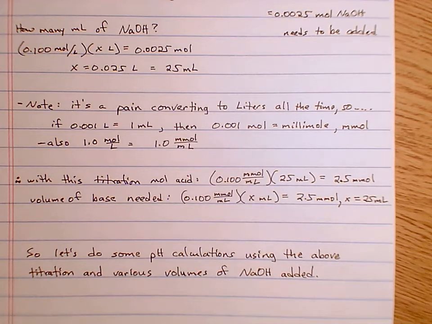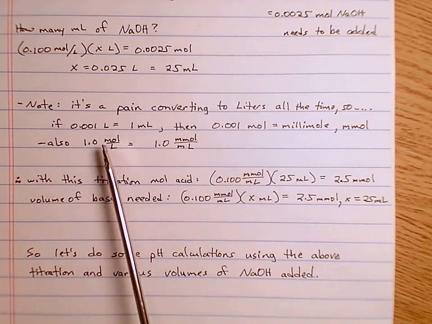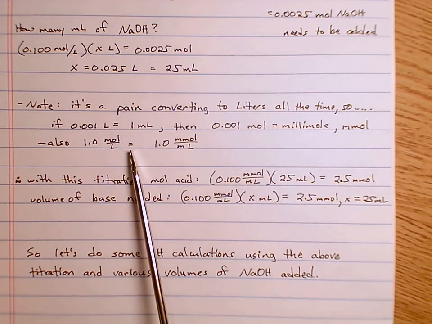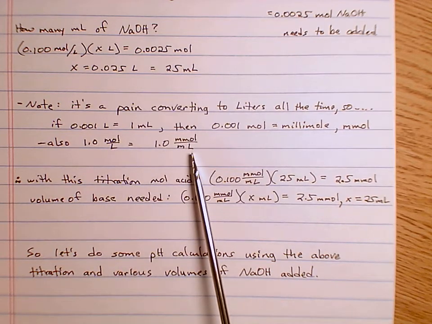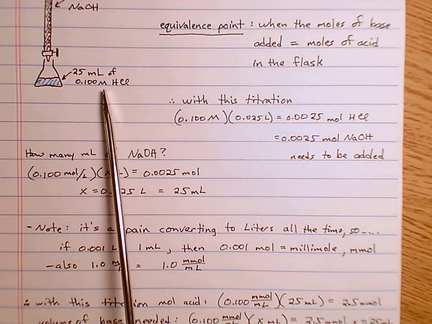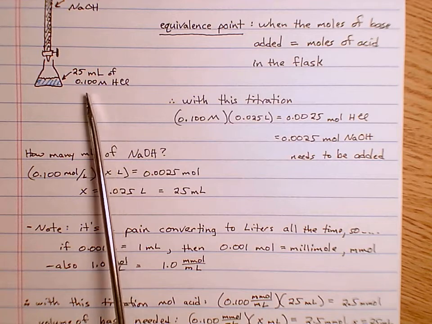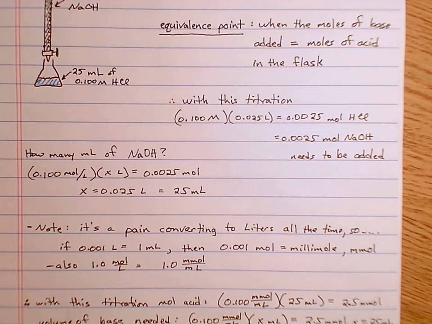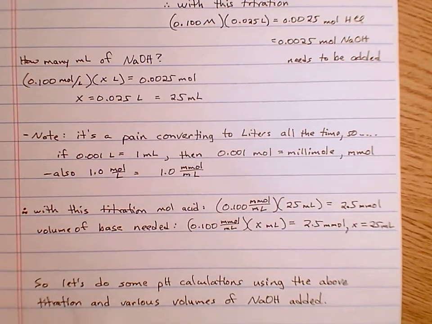The nice thing about this and how it's going to work is because 1 mole per liter, or 1 molar, is the same as 1 millimole per milliliter. So when we went up here, a 0.1 molar HCl solution is 0.1 mole per liter or 0.1 millimoles per milliliter. And so when you use millimoles per milliliter, the numbers that we're using just come out nicer.